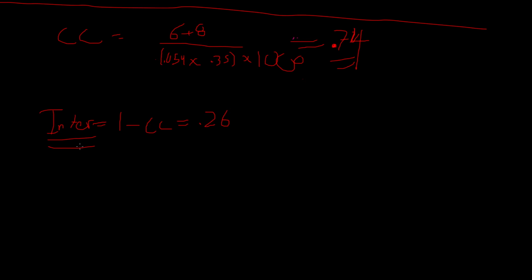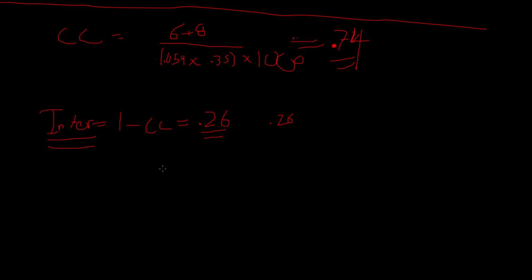In this case, we have a positive interference value of 0.26. That just means that the presence of one recombination does deter another recombination from happening.